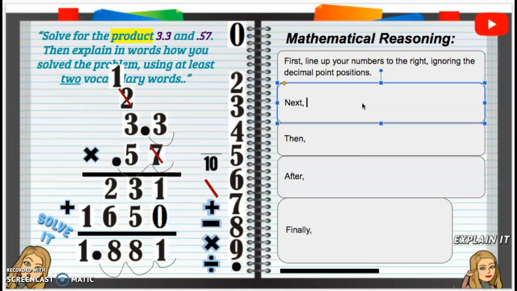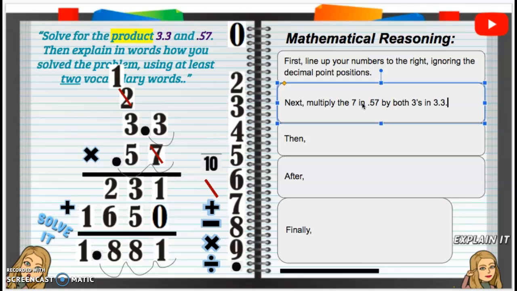What do we do next? We started to multiply. So next, multiply the 7 in 57/100 by both of those 3's in 3 3/10.